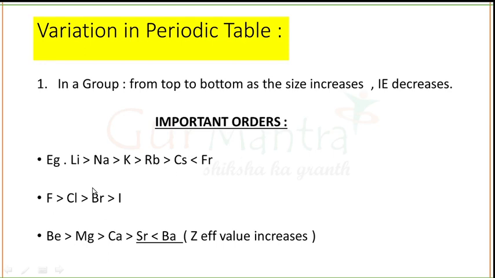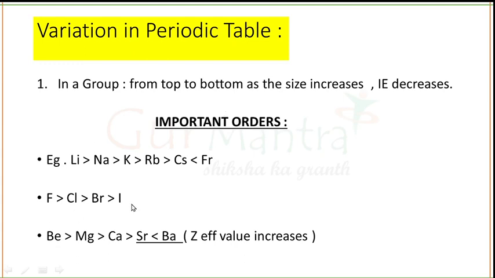So number one example is the group 1 elements: lithium, sodium, potassium, rubidium, cesium and francium. As you move along the group from lithium to cesium, the value of ionization energy will decrease because size is increasing. But when you move from cesium to francium, the value of IE will increase, which means the maximum value of ionization enthalpy is for francium.